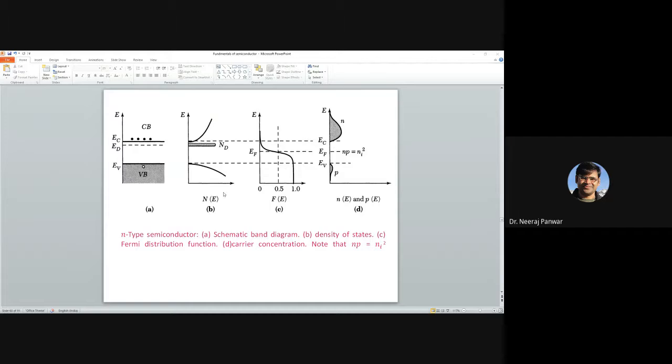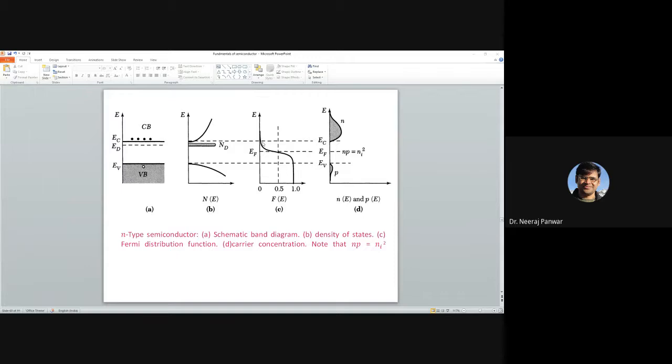Then we have the idea of the density of states and how it varies with energy. Then we have this f of E, the probability of finding an electron at energy level E, which is the Fermi-Dirac distribution function. Since there are few electrons in the conduction band, this is not zero.